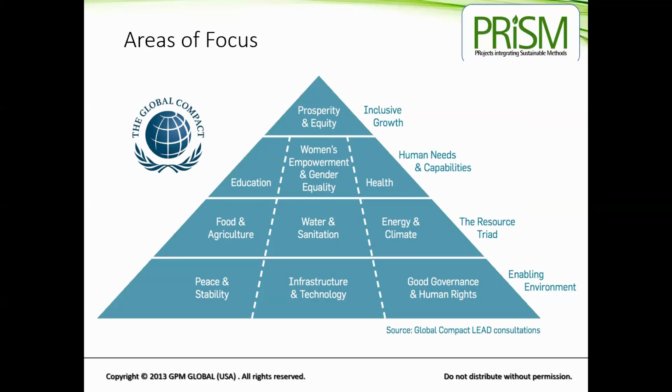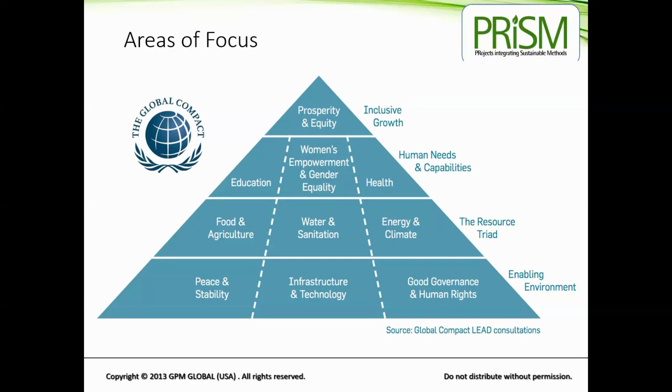So in terms of green building and healthcare facilities, the most important thing is the element of the environment. If there is going to be peace and stability in conducting the business, the infrastructure and the technology, the good governance and the human rights are the 3 components for the enabling environment.